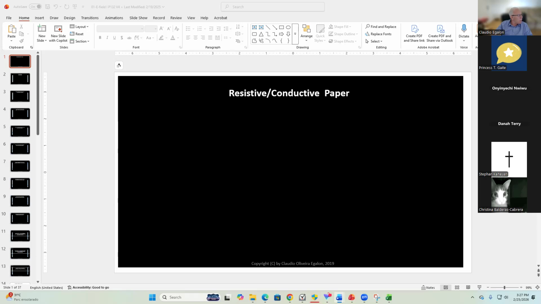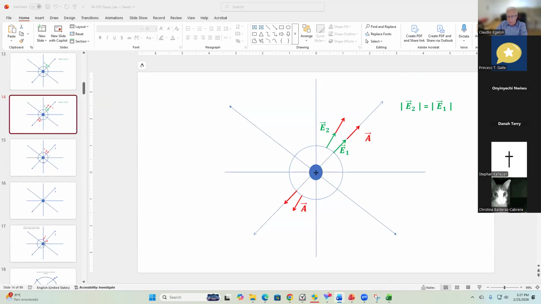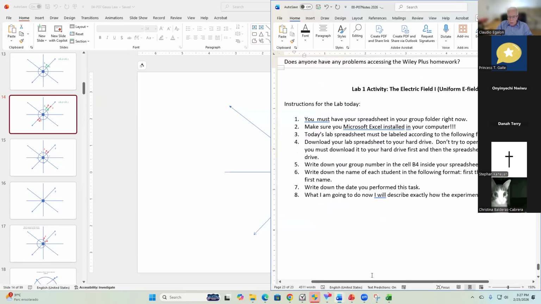Every time we perform an experiment, we document two things.